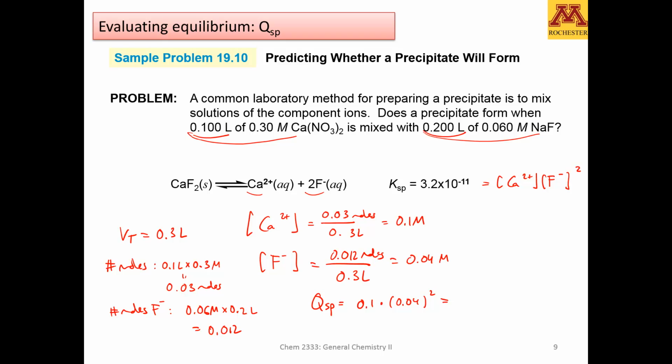How much is this? 0.1 times 0.04 squared, and that's equal to 1.6 times 10 to the negative 4. Okay, this is much larger than the KSP. The QSP is much larger than the KSP.